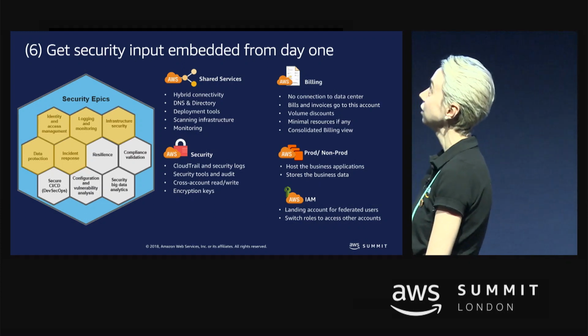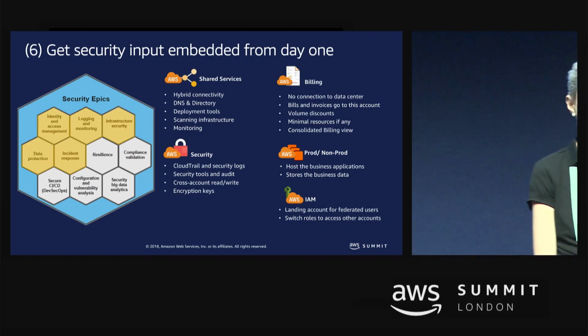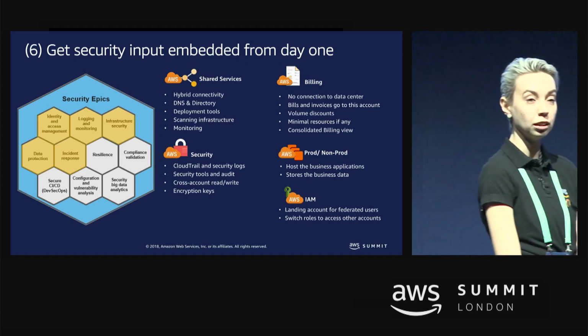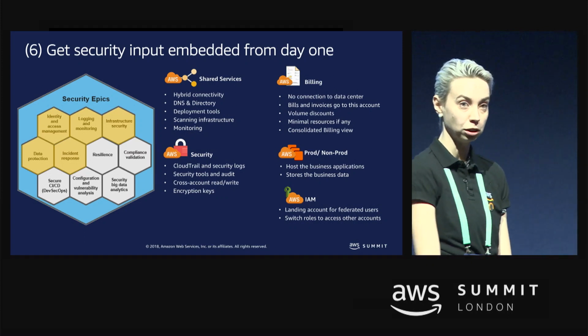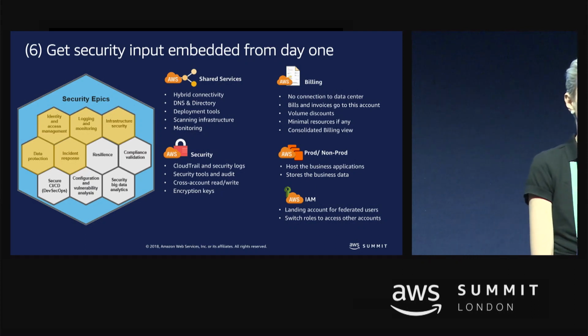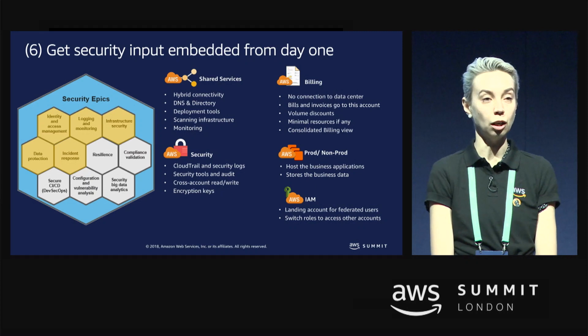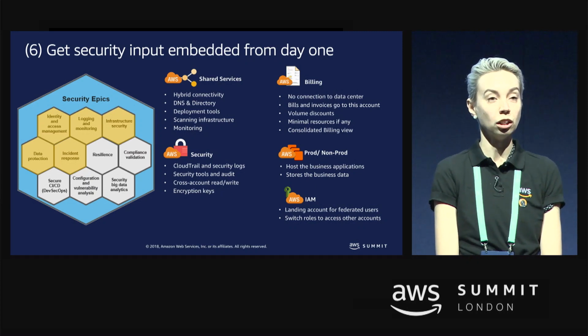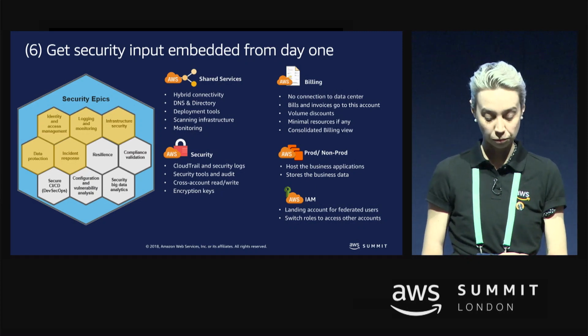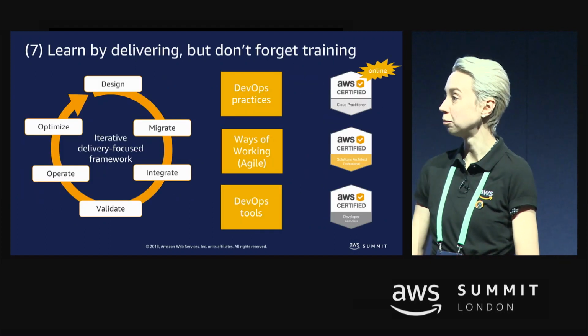It's about identity and access management, logging and monitoring, infrastructure security, incident response, and data protection. That's the MVP, the minimum viable product for us when it comes to security conversations for our migrations. Over to you, Katya.